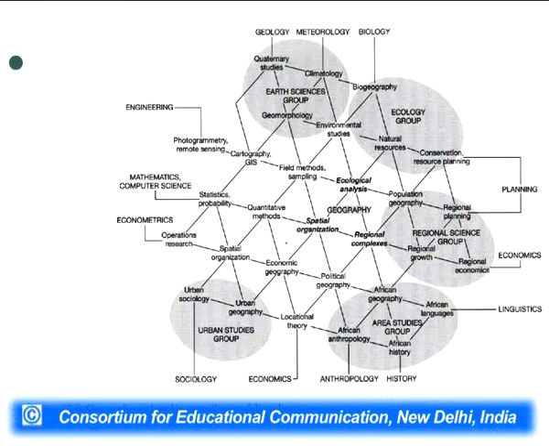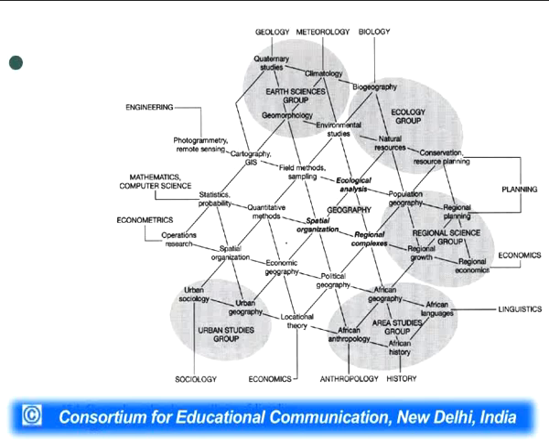Now, how do we look at geography within the constellation of disciplines? You can see in this particular slide that on the left-hand side there are various disciplines listed, like photogrammetry, remote sensing, computer science, econometrics. On the lower side there are sociology, economics, anthropology, history.